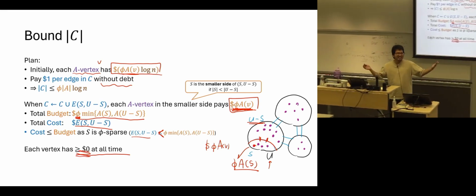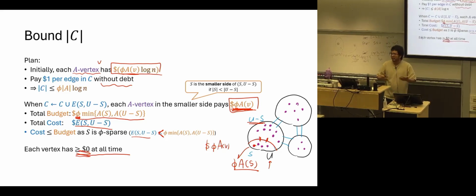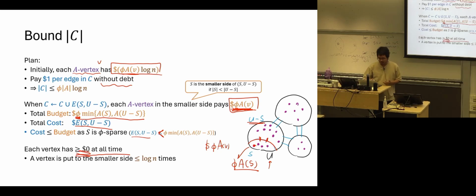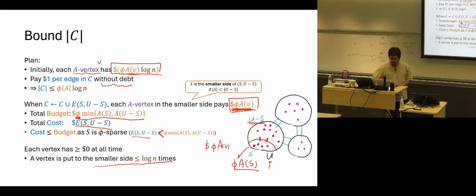It starts with n, shrinks to n over 2, then to n over 4. How many times can this happen? Log n times. So every vertex can be on the smaller side of a sparse cut log n times. So if you pay this much per time, then this initial money is enough for every node.